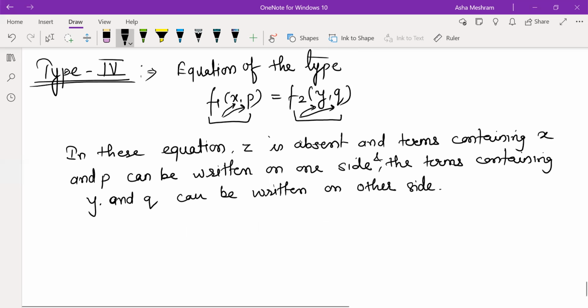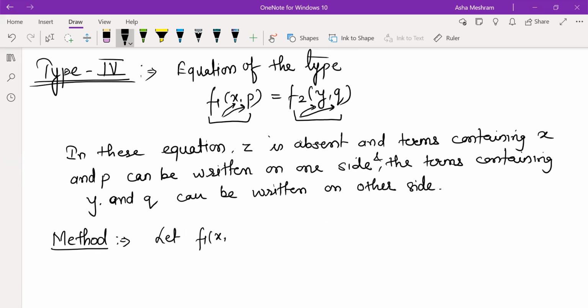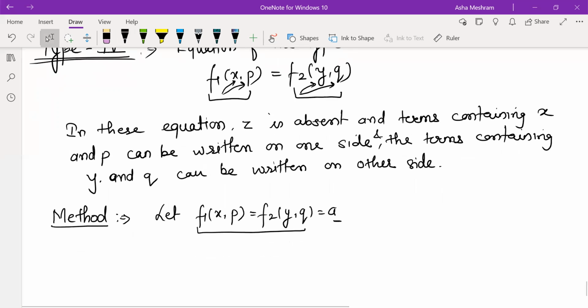So very first we check what is the method to solve this type of problems. Okay, so let's see first the method. Suppose our expression is given as f1 xp is equal to f2 yq is equal to some a. This is our original expression. And we have considered this original expression is equal to small a, so that we can compare both the expressions with a.